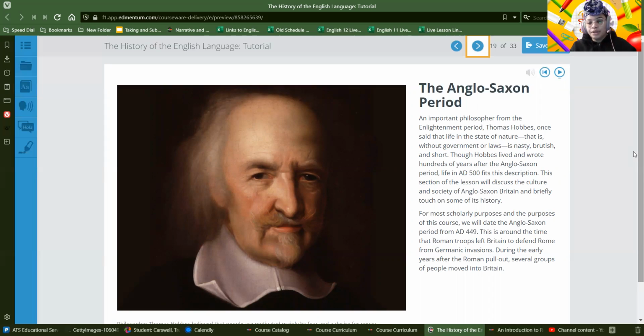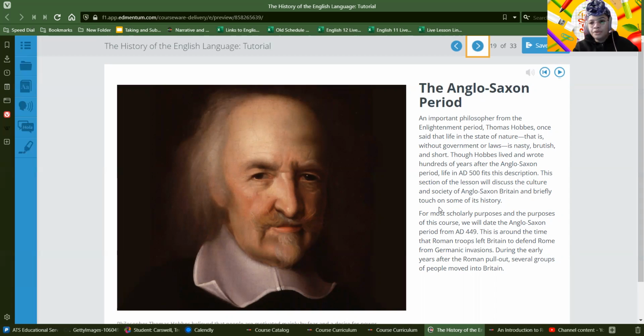So the Anglo-Saxon period, if you remember, is after the Romans left Britain, and they were conquered by the Vikings, and the Vikings pushed the Celts back, and then the Anglos, Saxons, Jutes, and Frisians came in and took over. So basically, the Scandinavians took over a lot of Britain.